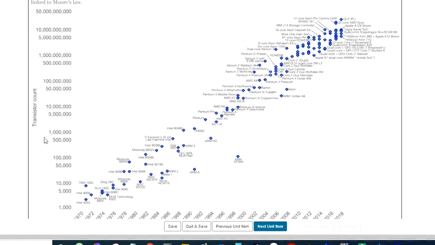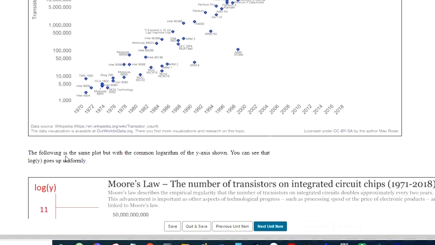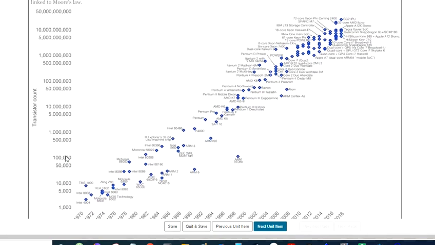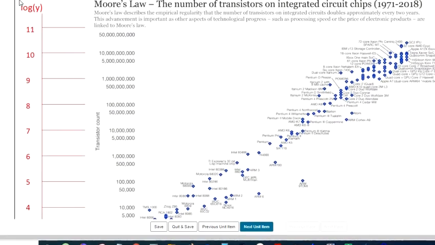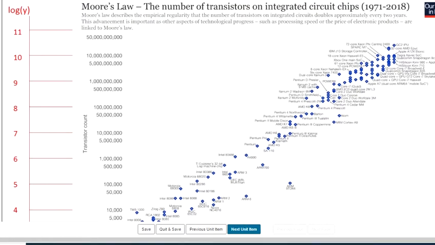Look, usually on the y-axis we increment by the same amount each time. We keep it linear: 1,000, 2,000, 3,000, 4,000. But on this y-axis, the number of transistors on an integrated circuit chip goes up by 1,000, then 5,000, then 50,000. So what they've done is change the increments for the y-axis, and that makes it more suitable for looking at a logarithmic scale.